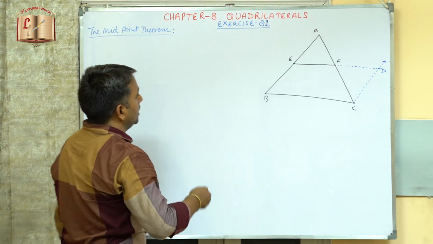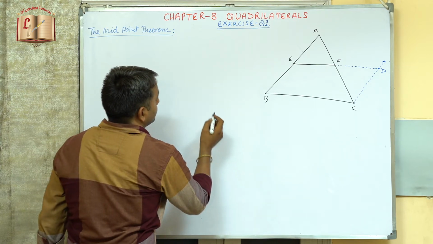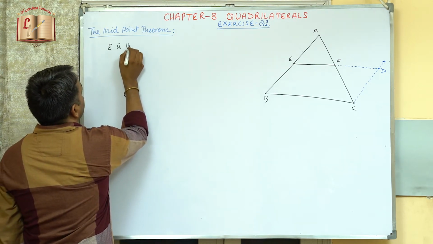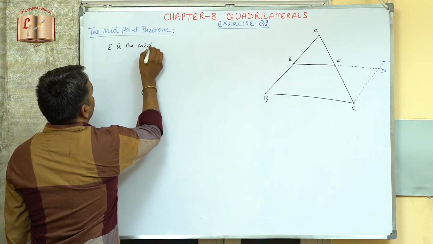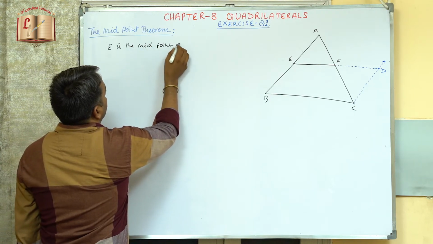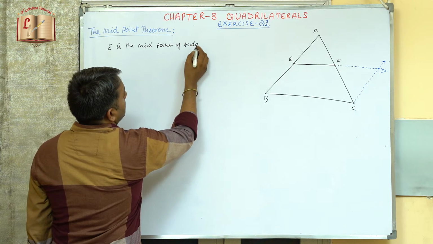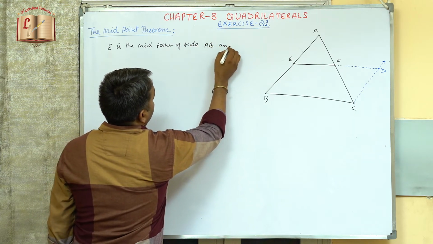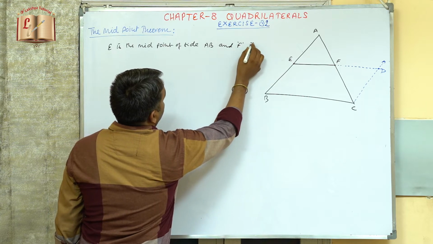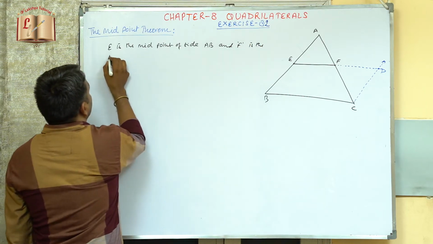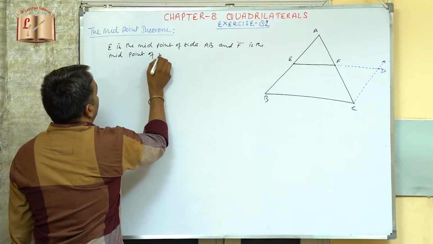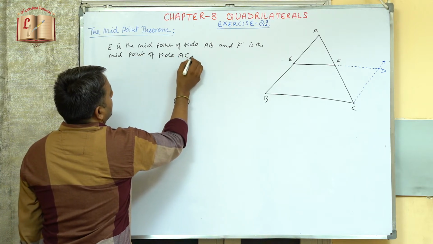Now see that in these two triangles, E is the midpoint of side AB and F is the midpoint of side AC.